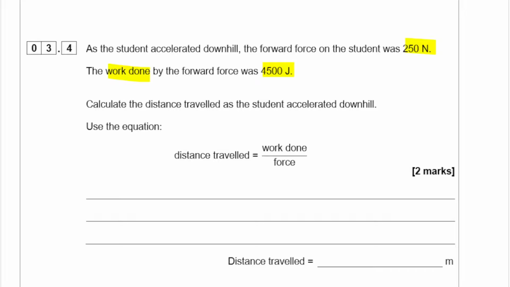So they're giving you the equation, distance traveled equals work done divided by the force. So the work done, remember, is 4,500, divided by the force, which is 250. And that would give you an answer of 18 meters.